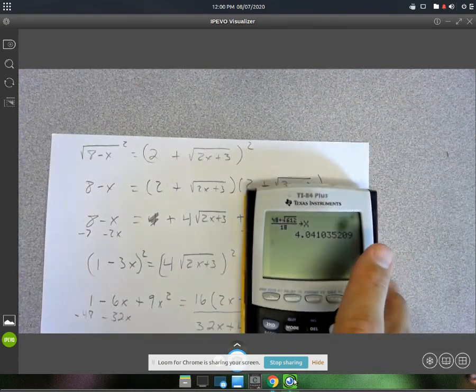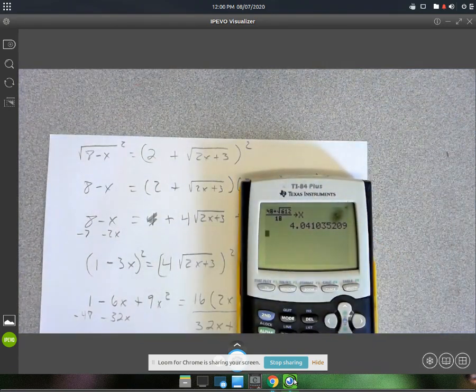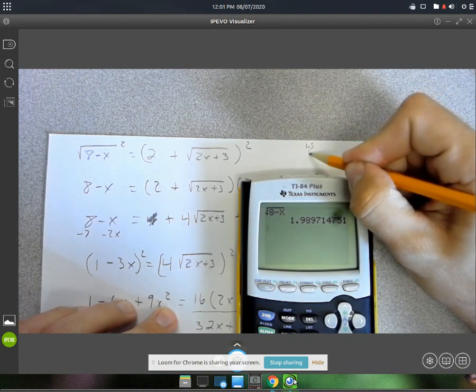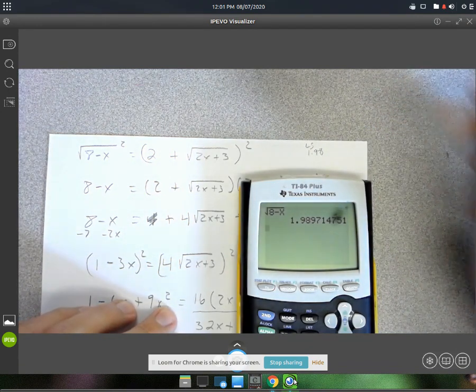So let's try plugging this in for the original. On the left side, we have square root of 8 minus x. All right, that gives us 1.98. Let's remember that here. The left side is 1.98.